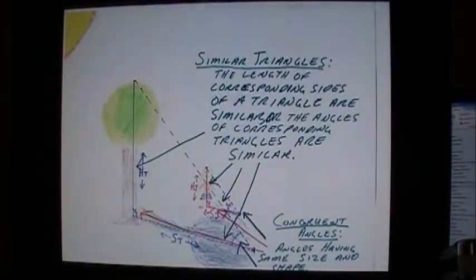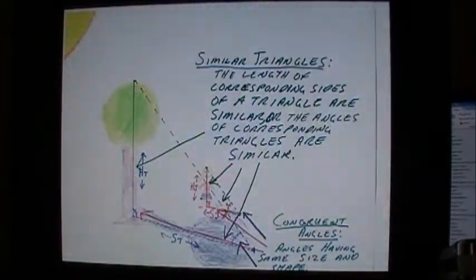The tree, Jill, and the shadows can be separated into two similar triangles. Assuming the ground is flat and level, both the tree and Jill are perpendicular to the ground. The angle of the sun's light is congruent for both Jill and the tree. Thus, the triangles are similar. A similar triangle is where the length of the corresponding sides of a triangle are similar, or the angles of the corresponding triangles are similar.